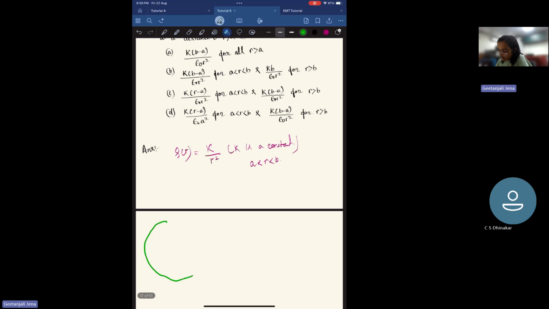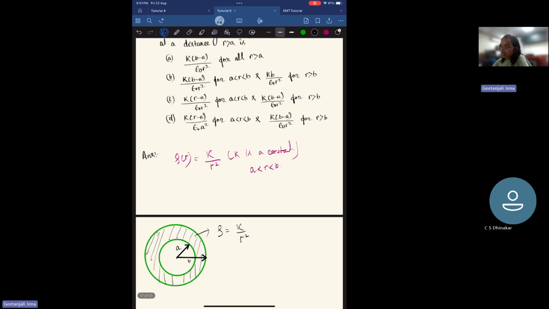So you have a concentric shell. Inner radius is A, outer radius is B. And in between, we have distributed the volume charge rho, which is K by R square.